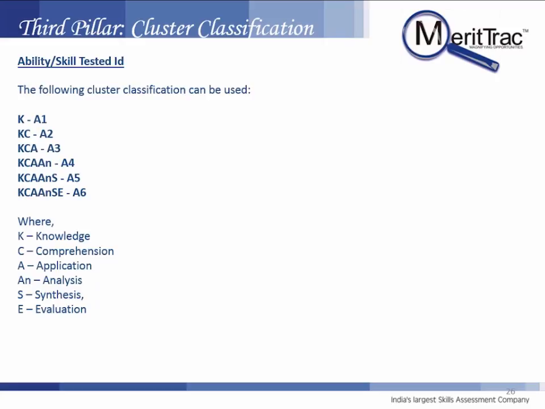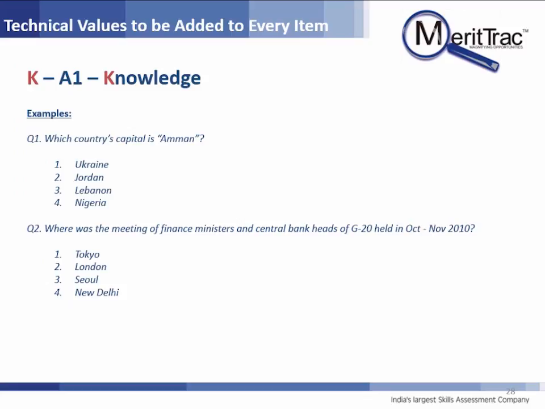So these are the 6 clusters, and now we will see them with proper illustration and examples. I will take you to the first example: which country's capital is Amman. Now, this is something completely derived from memory recall.